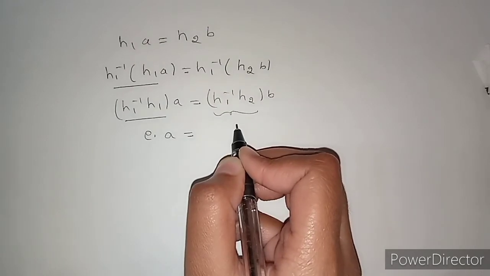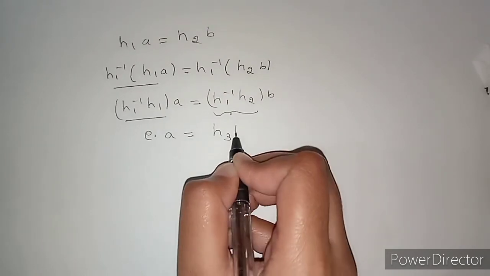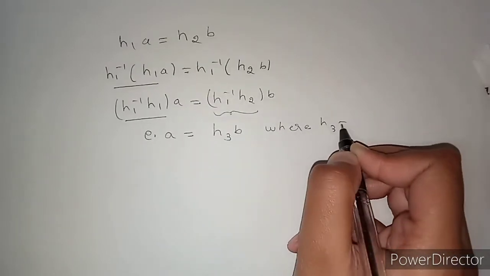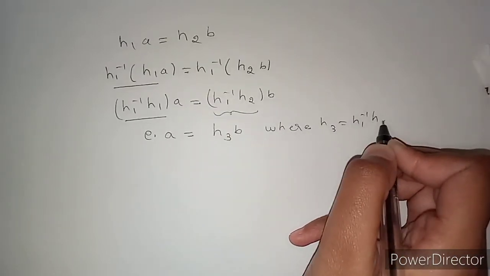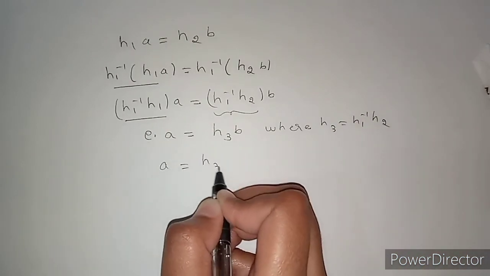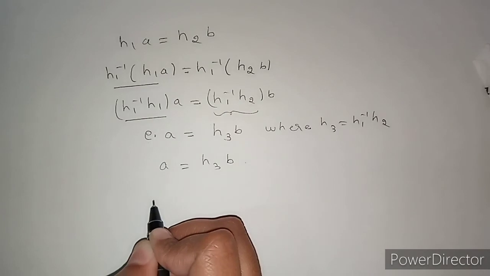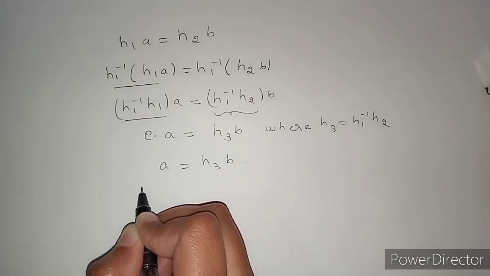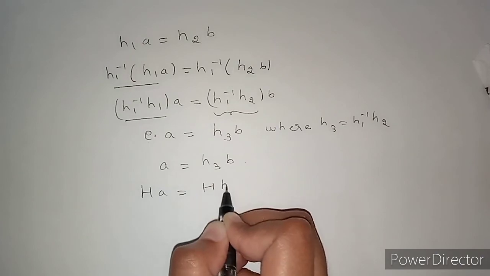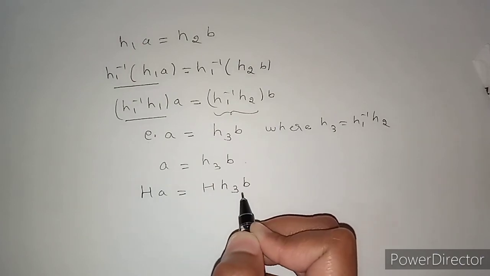I am taking this as h3 into b, where h3 is equal to h1 inverse into h2. e into a is a, which is equal to h3b. Now I am multiplying subgroup H on both sides. Ha is equal to H into h3b.